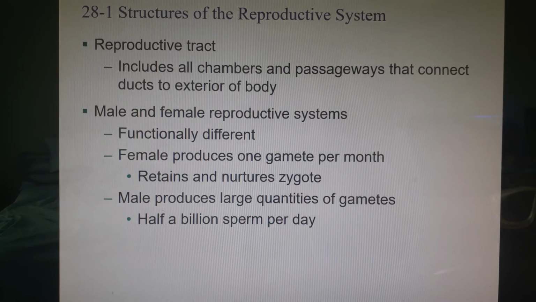Now, another point I'm going to stress over and over again: how many sperm does it take to fertilize an egg? Hopefully you already know the answer, 1. So, 500 million in one day to 1 egg. If the conditions are right, it is more likely to end up with a pregnancy, with a fertilized egg, than not.